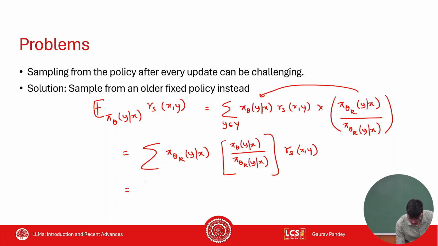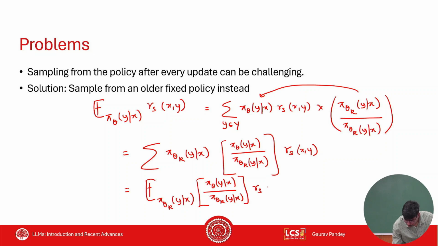And if I write it as an expectation, this becomes the expectation under pi theta k of the ratio pi theta over pi theta k, times the reward. So I took an expectation under the current policy pi theta and replaced it by an expectation under the policy of a previous time step.